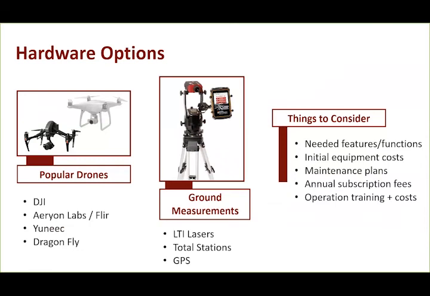At least by specs, it appears to be a very ruggedized craft and was well suited for their needs, not only for forensic mapping of incident scenes, but for other public safety needs like search and rescue and crime scenes. I primarily use my DJIs with the LTI lasers. I know, Dave, you're into GPS and total stations, as well as you, Matt. Yep, that's true.